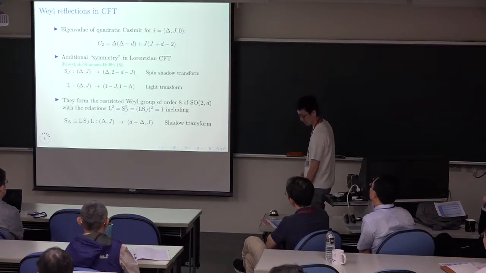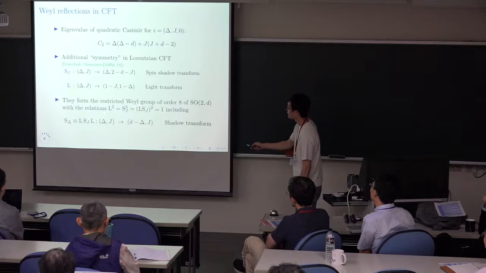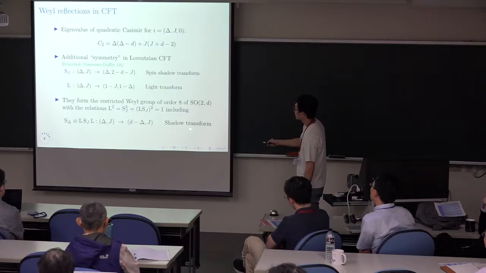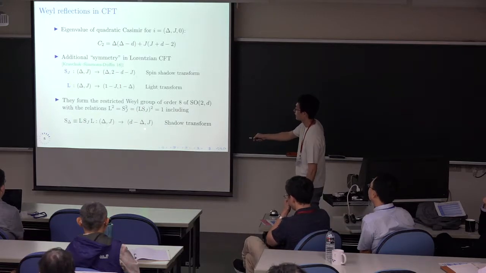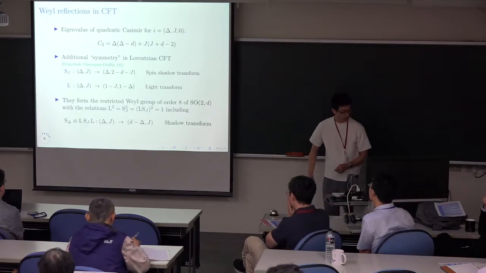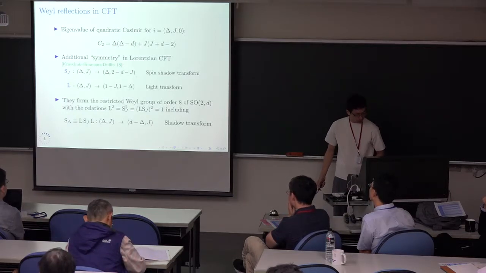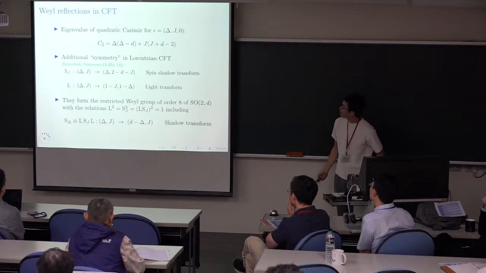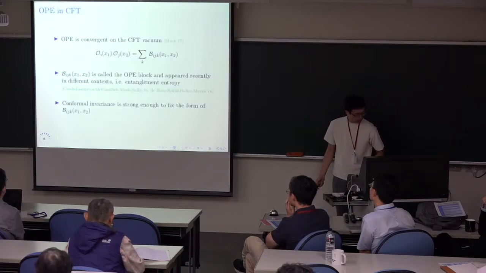This is a dihedral group, satisfying these relations. Now you can construct the familiar shadow transform from L and S_J like this, and there are more transformations you can construct. So there are many symmetries in Lorentzian theories.